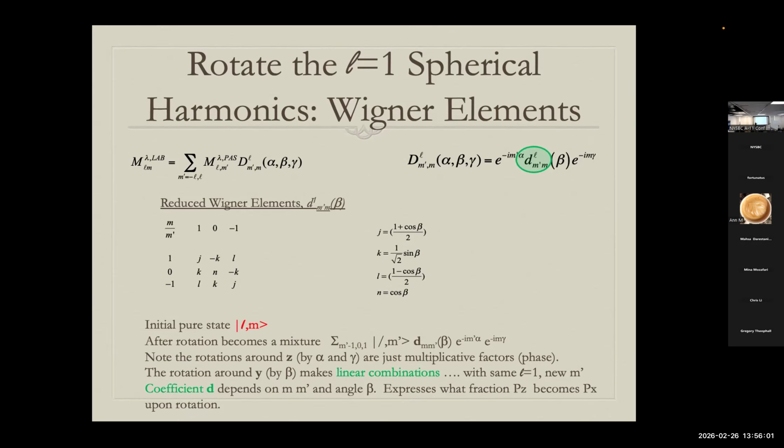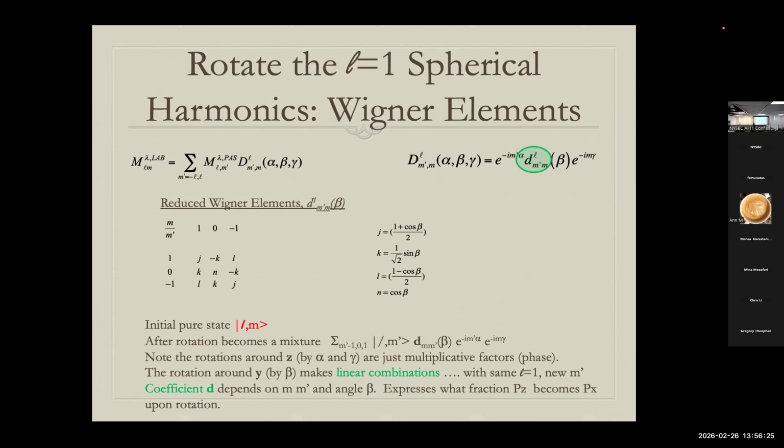So that's why it's a matrix of answers. Now I have left out these phase factors just so we can focus on the Y rotation, the hard part of this. I'll come back and talk about the phase factors later, but this is the Y rotation, which really projects one of the components at L equals 2 onto another, right?